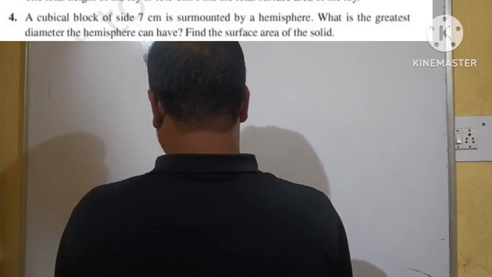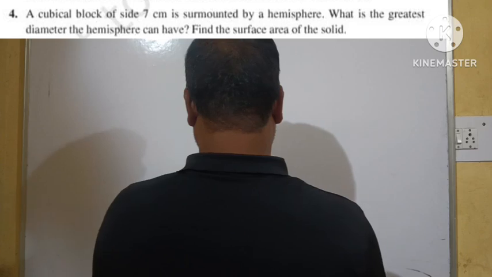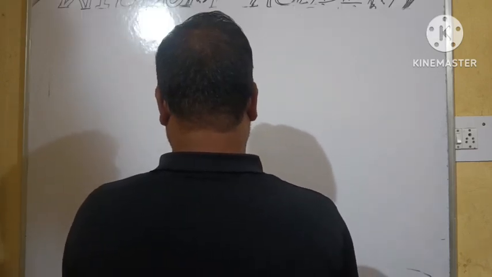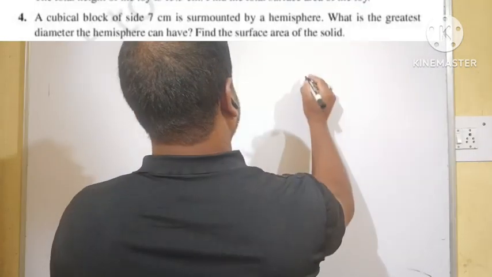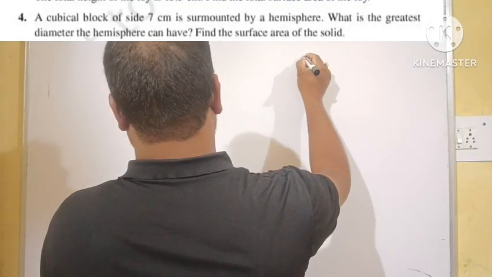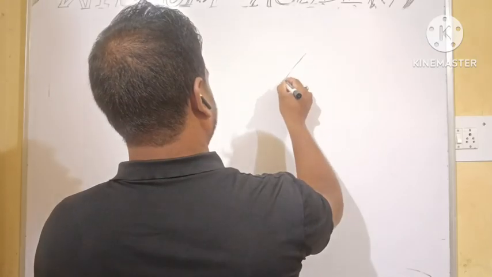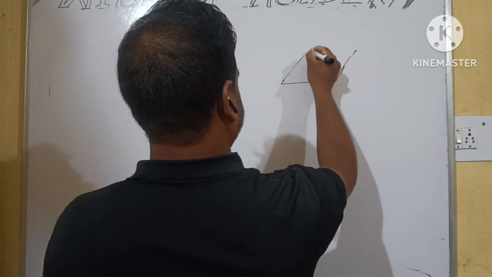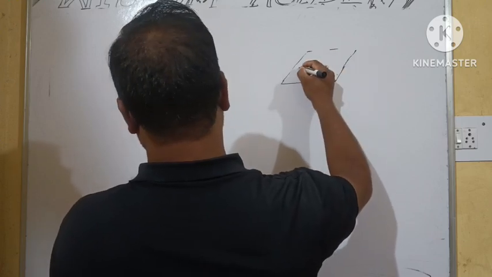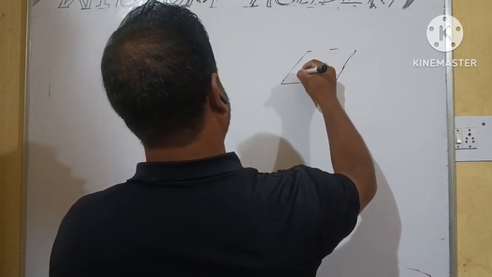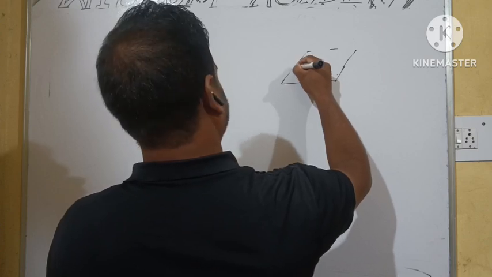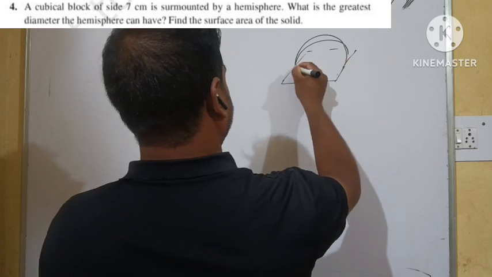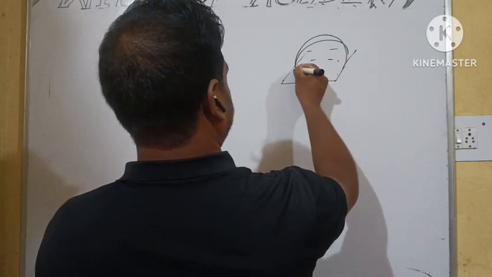A cubical block of side 7 cm is surmounted by a hemisphere. What is the greatest diameter the hemisphere can have? Find the surface area of the solid.